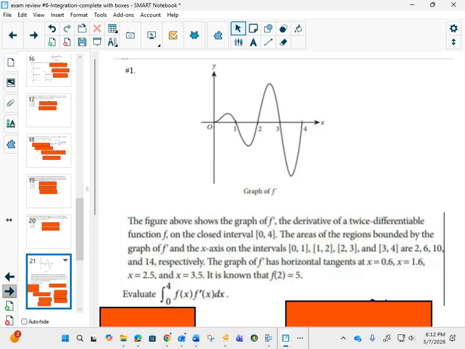The figure shows the graph of f prime. Twice differentiable means it is continuous.